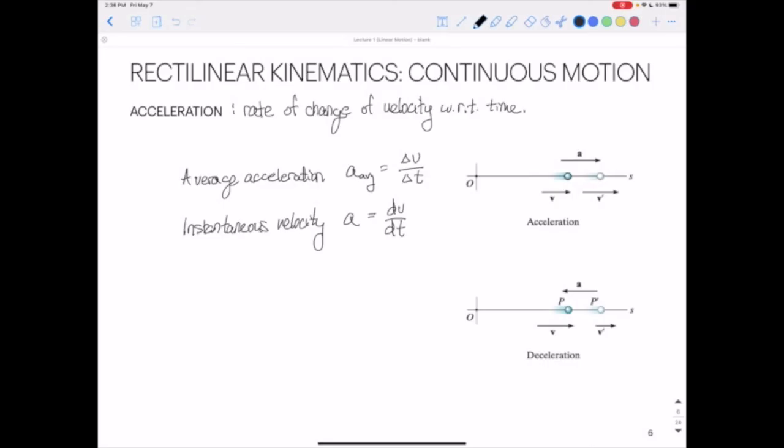And if we recognize that the velocity is the first derivative of our position with respect to time, we could also write our acceleration in terms of our position with respect to time, and that's equal to the second derivative of position with respect to time.